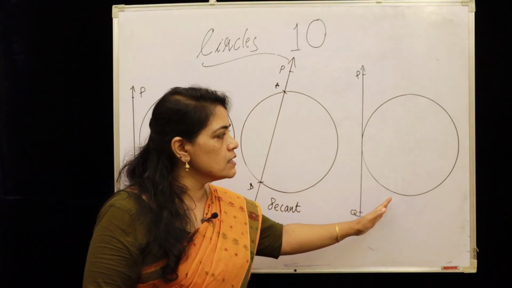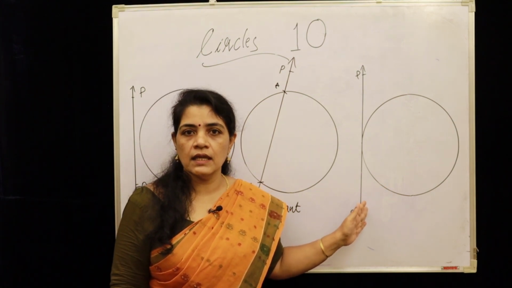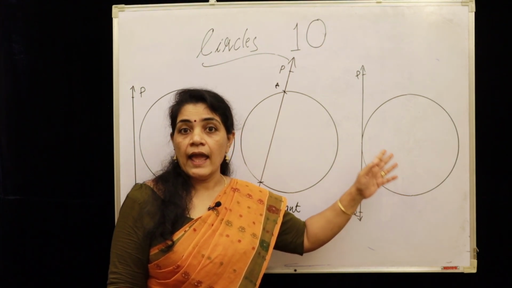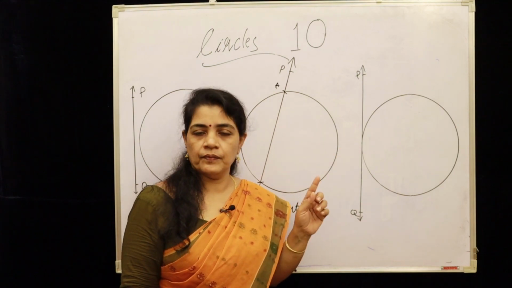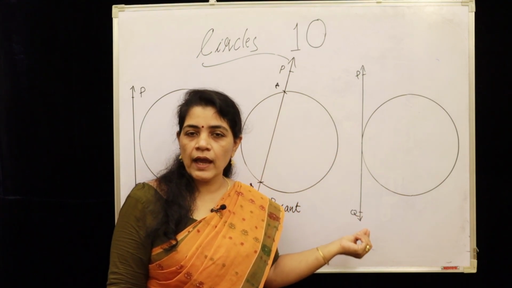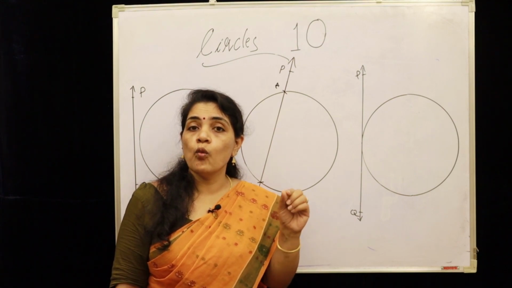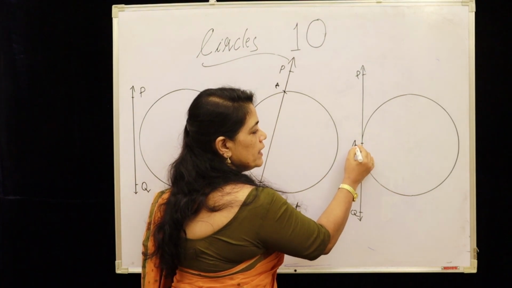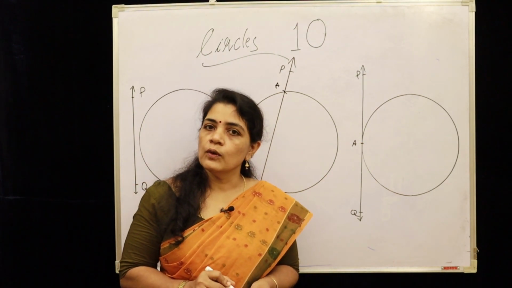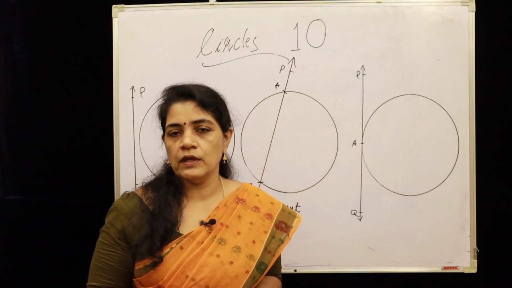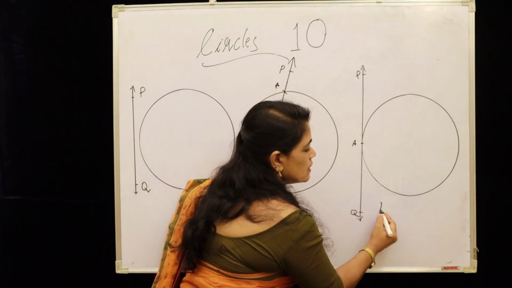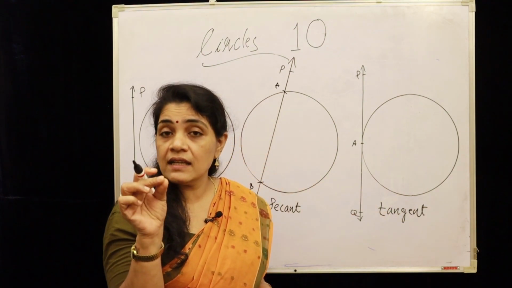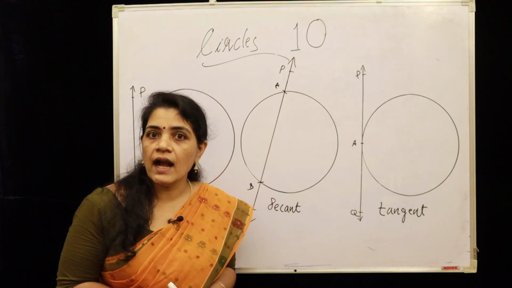Now we are moving to the third situation. Here you can see this line PQ intersects the circle at exactly one point, or the line PQ and the circle have only one common point. Let this point be denoted by A. In that case, the line PQ is called a tangent to the circle. A tangent to the circle is a line which intersects the circle at exactly one point.